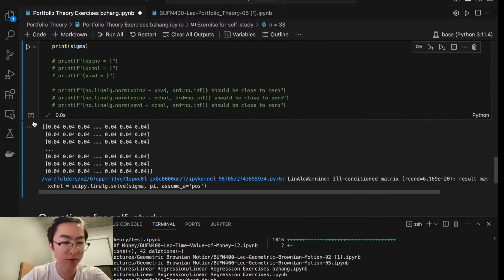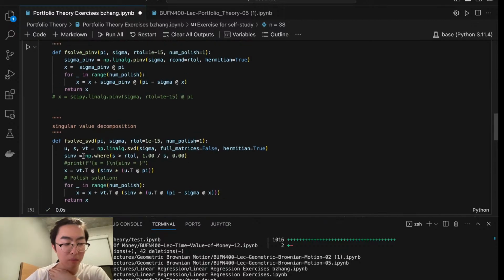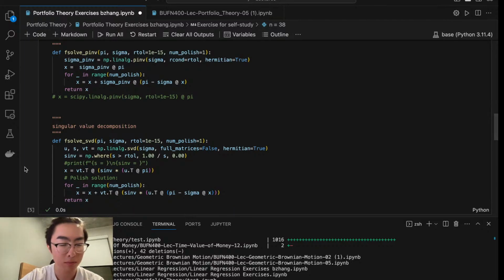Is this our covariance matrix? I think so. It's 0.2.